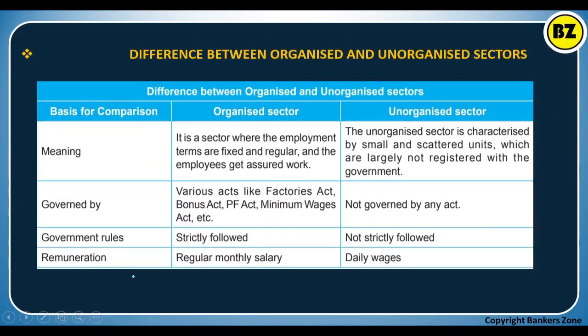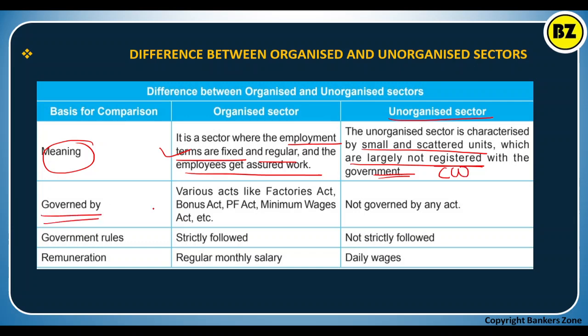Now see here the difference between the organized and unorganized sector. So here, what is the meaning of the organized sector? It is a sector where employment terms are fixed, regular, and the employees get assured work. For example, bank. The unorganized sector is a sector with small and scattered units which are largely not registered with the government. For example, construction workers.